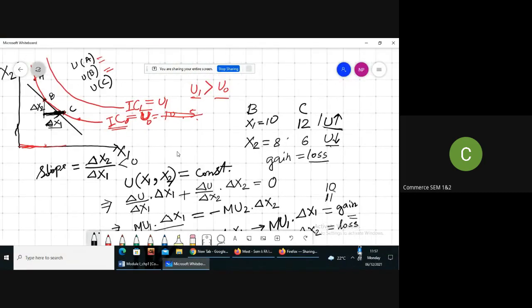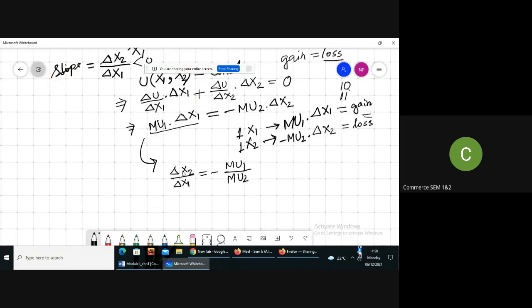Marginal rate of substitution means when we are moving from one point to another along one indifference curve, if you want to increase consumption of x1 by one additional unit, how much amount of x2 you need to sacrifice. Okay, from here I can see that when I move from point B to point C, the consumer is increasing the consumption of commodity 1, x1, but for that has to reduce the consumption of x2. So I can say that if the value of delta x1 is equal to 1, then delta x2 will be equal to this term, minus MU1 by MU2.